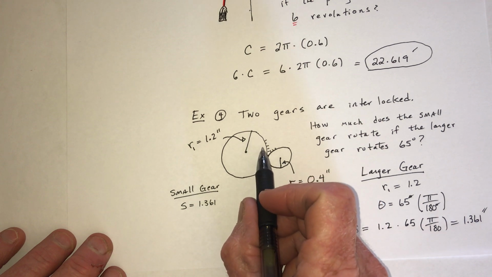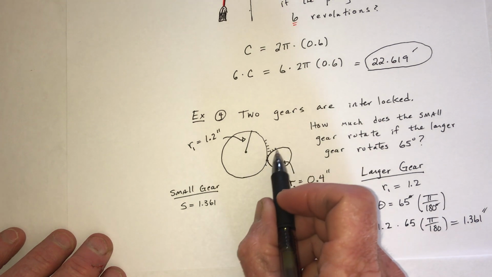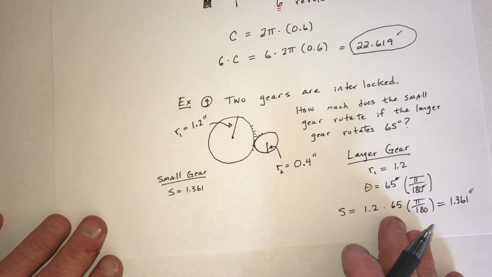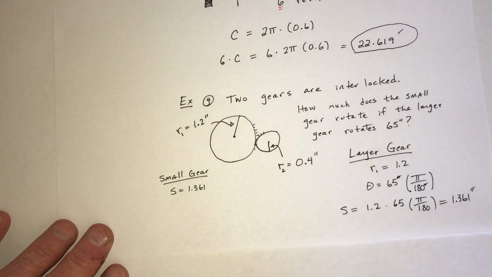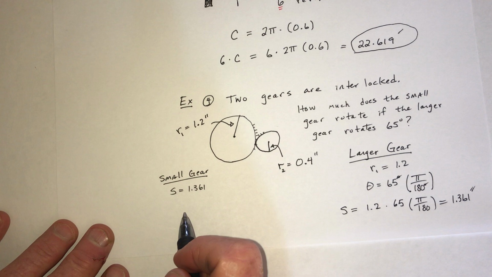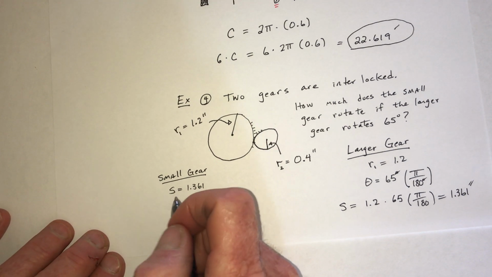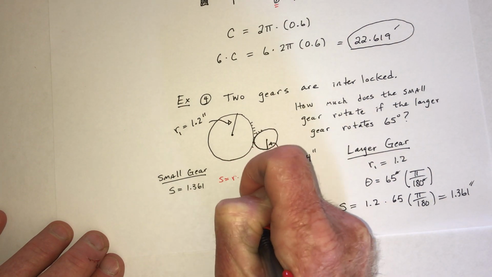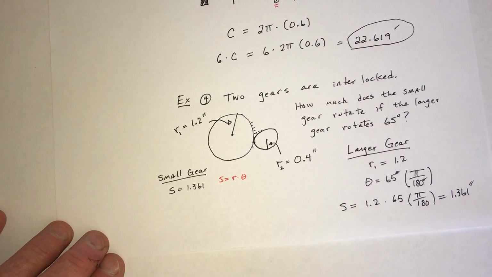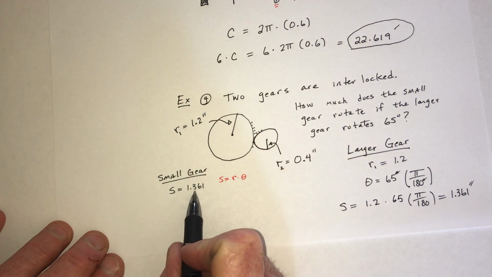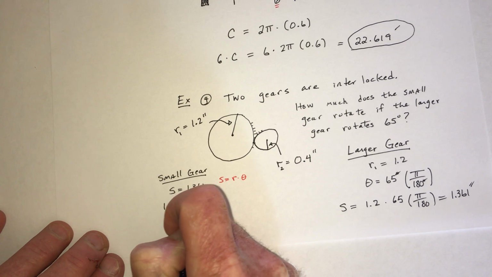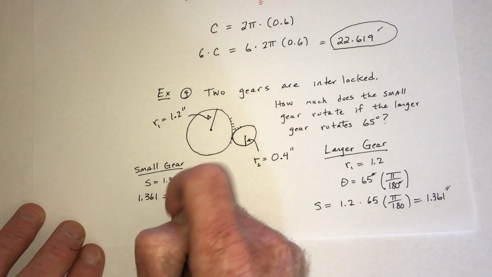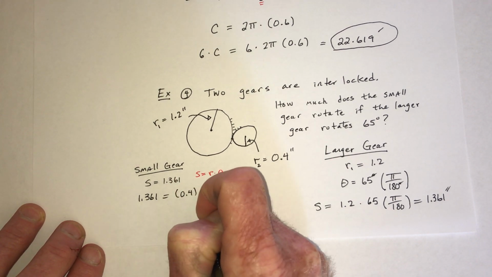So in other words, the angle is going to have to be bigger. Okay. So we can still use the formula S is equal to R times theta, and plug in 1.361. The R is 0.4, and then solve for theta.